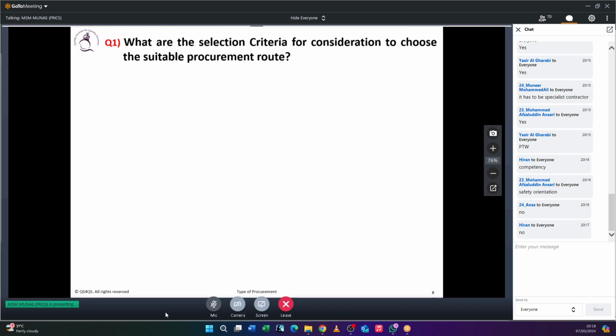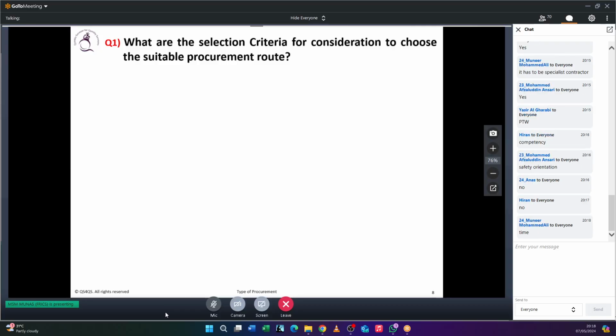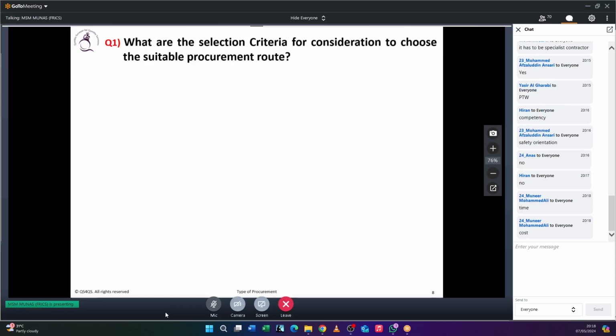Now, this is a question you will get in the interview. What are the selection criteria for consideration to choose the suitable procurement route? Can you all answer? Everybody try to answer this question.